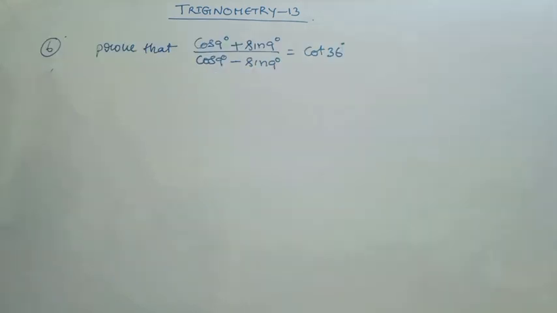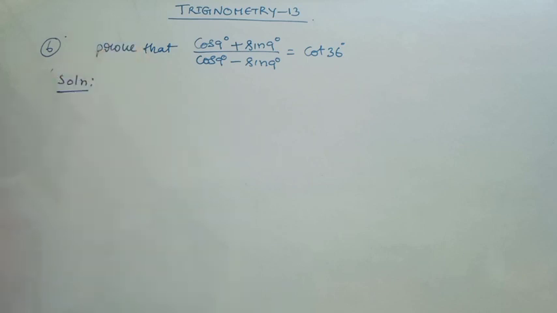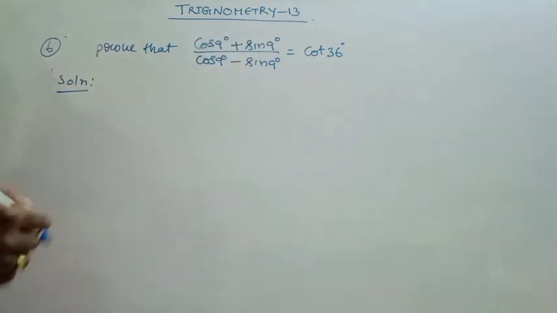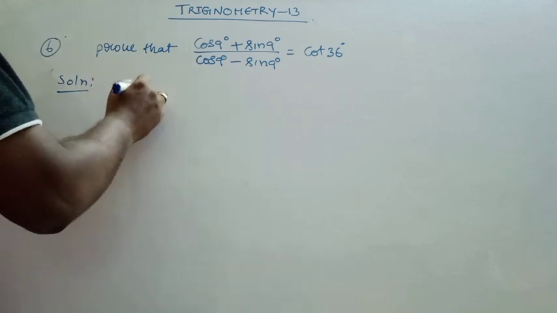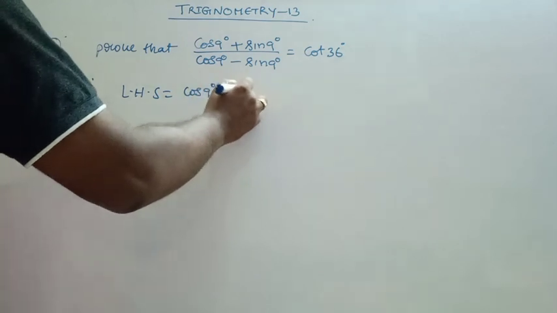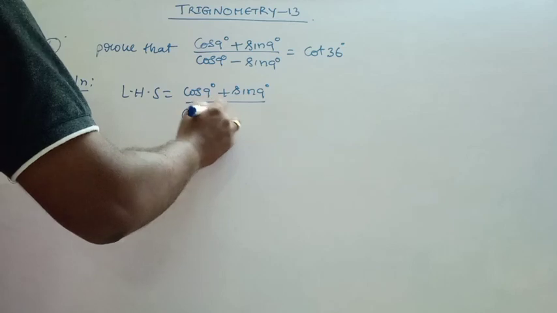Next we have one more interesting problem: prove that (cos 9 degrees plus sin 9 degrees) by (cos 9 degrees minus sin 9 degrees) equals cot 36 degrees. Take the left hand side, which is (cos 9 degrees plus sin 9 degrees) divided by (cos 9 degrees minus sin 9 degrees).